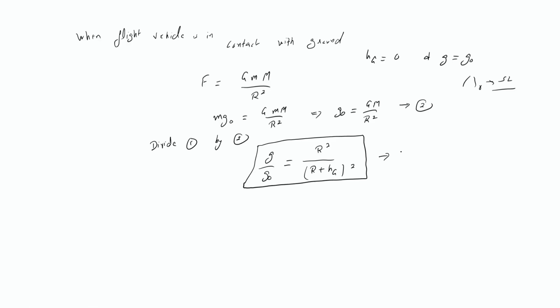Let me take this as equation number 3. This equation will be useful in determining how pressure, temperature and density vary with altitude. So there is an equation which will help us in deriving those relations, that is the hydrostatic equation.